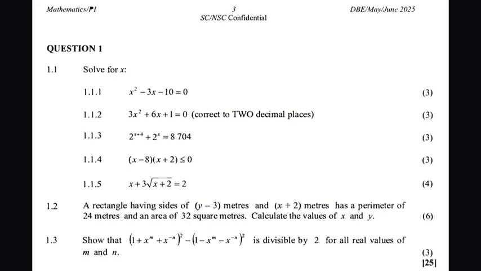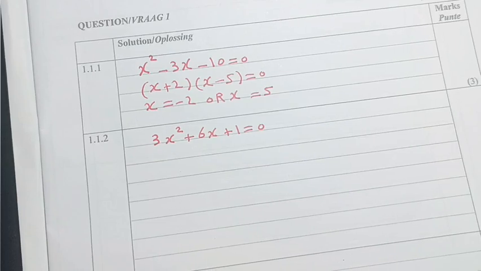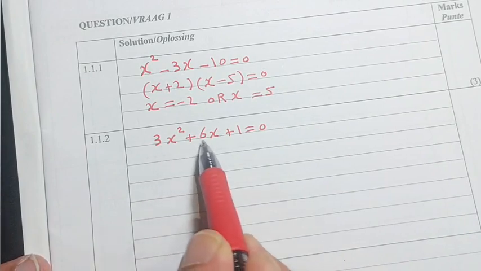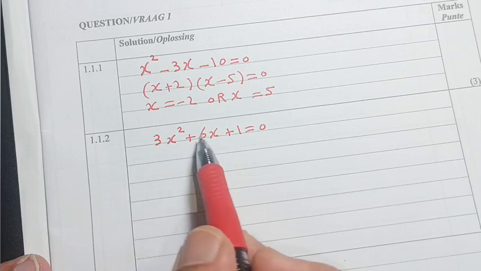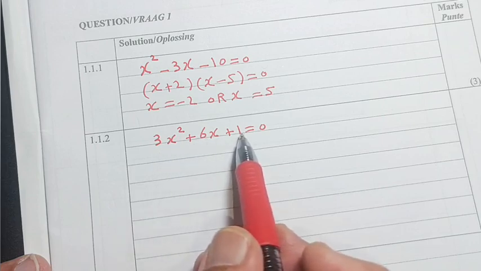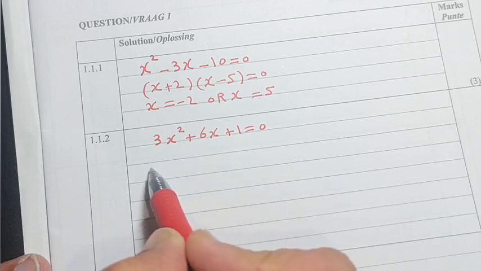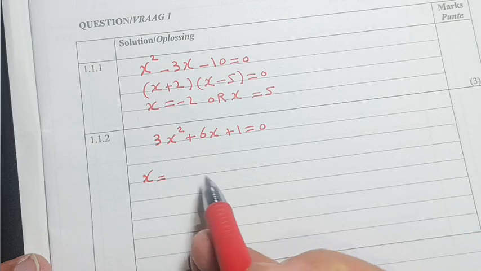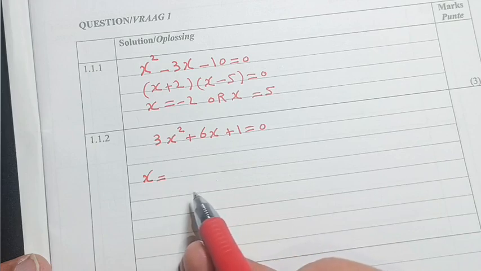1.1.2, this is a quadratic formula question. I need to apply the quadratic formula, where a is 3, b is 6, and c is 1. The formula is x equals negative b plus or minus the square root of b squared minus 4ac, over 2a.